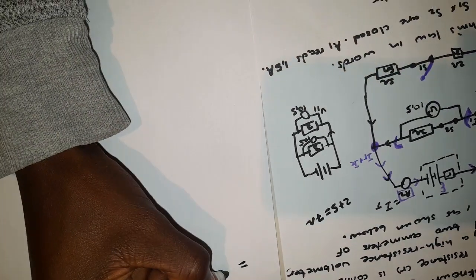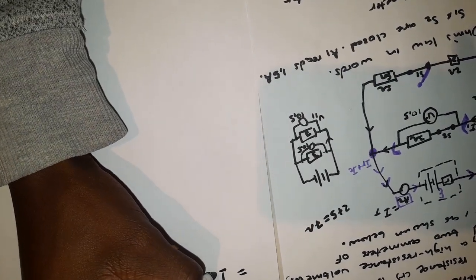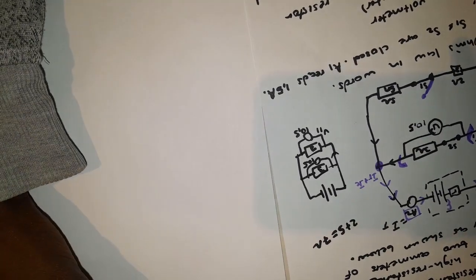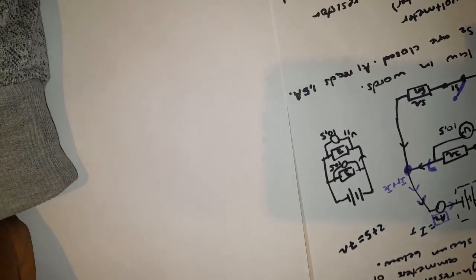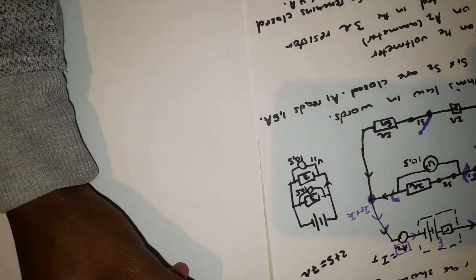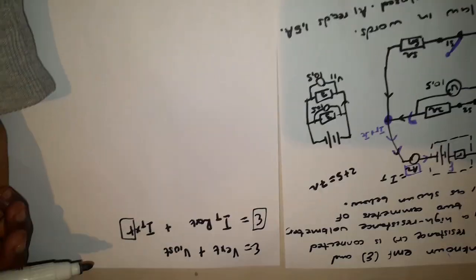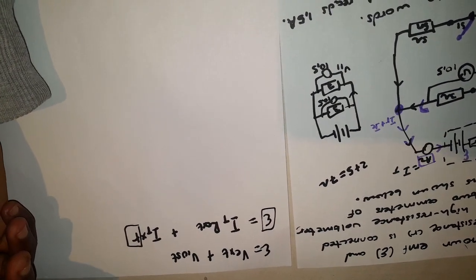V external is I total multiplied by R external, and V lost is I total multiplied by the small r, which is the internal resistance. But here we are looking for two things. We do not have this one here, we do not have this one here. So what's the best method?